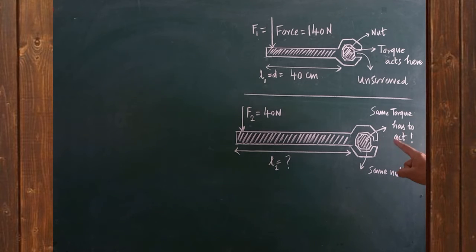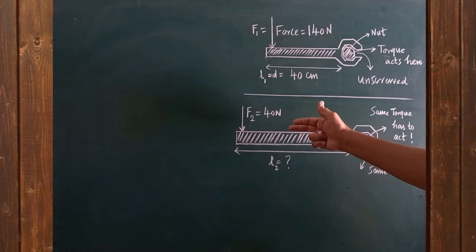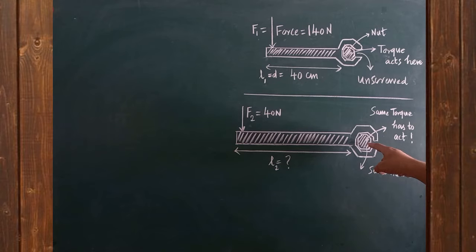The same unscrewing process has to be done by the torque. So to get the same torque, what should be the new length of the spanner? That is the question. Here the force value is reduced, but you have to get the same torque. You are asked to calculate the new length of the spanner.